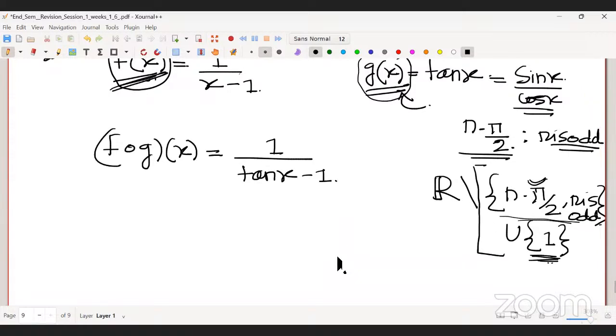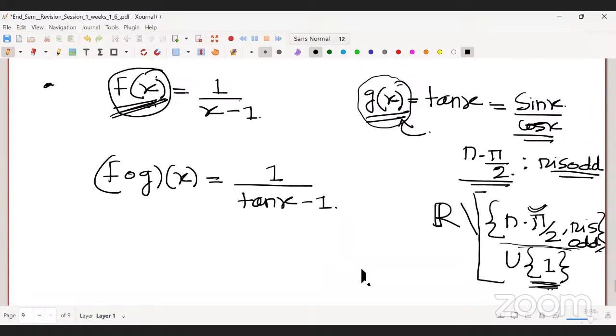And the next thing, see, for some values of x, g of x can be 1, correct or no? Yes, sir. But if g of x is 1, then what will I get?